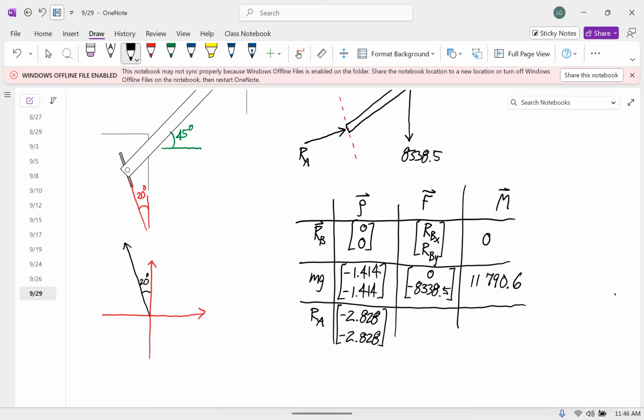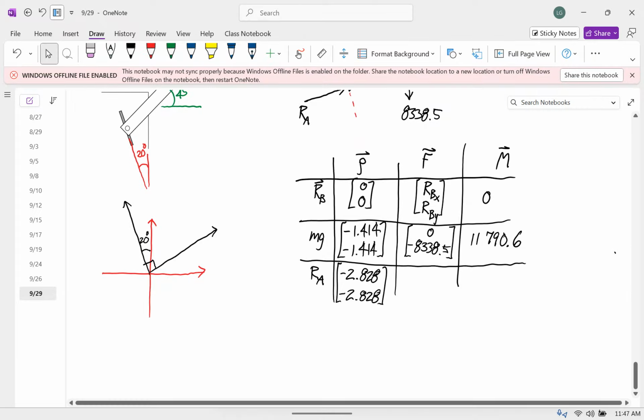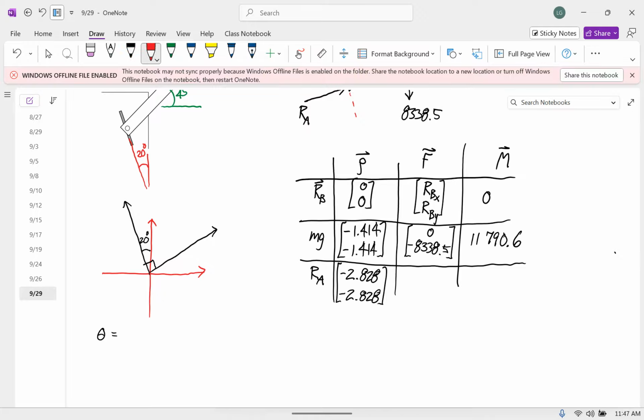And then the force that we want is 90 degrees from that, so I'm going to draw this one 90 degrees from the one I just drew. Now the angle theta, going counterclockwise from the x-axis, is counterclockwise 90, counterclockwise another 20, then clockwise 90, so minus 90, and we end up with just an angle of 20 degrees.